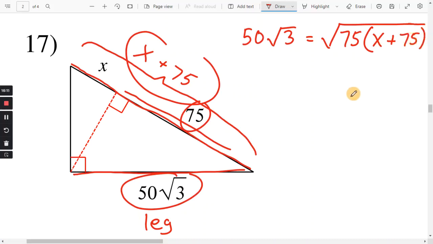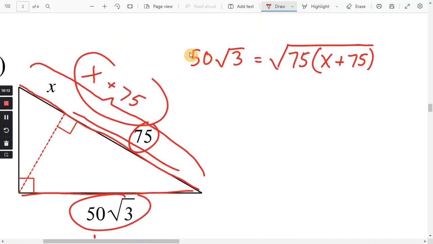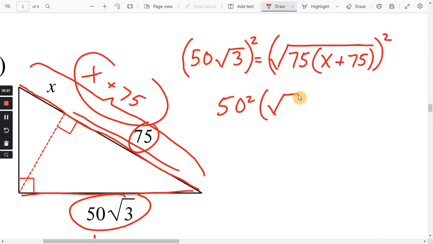So we said to get rid of the square root, you just square both sides. These are individually squared, so we have 50 squared, and that's going to be times radical 3 squared. Squaring this whole thing just removes the square root.